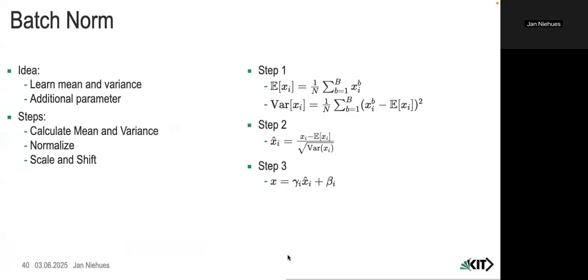What we can do is just learn that again as additional parameters. What should be the mean and the variance that we want to learn? So we are first calculating expectation and variance. Then we are normalizing it.